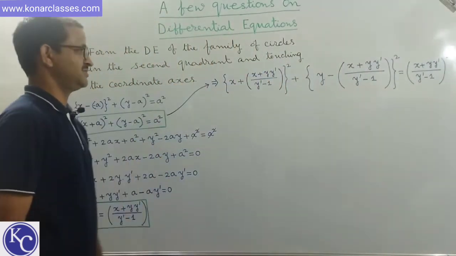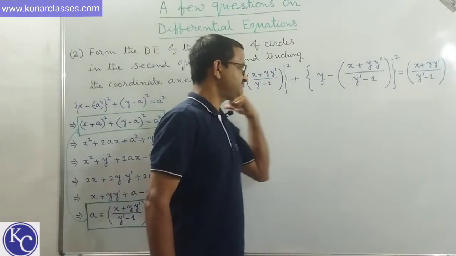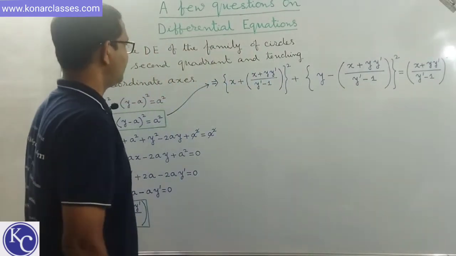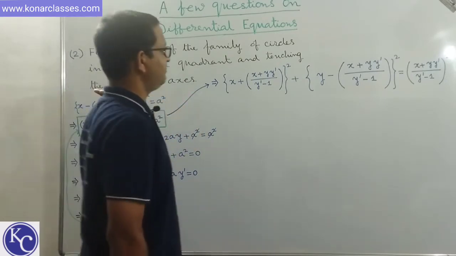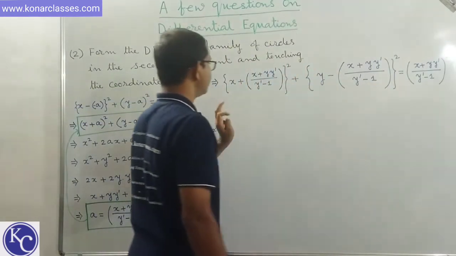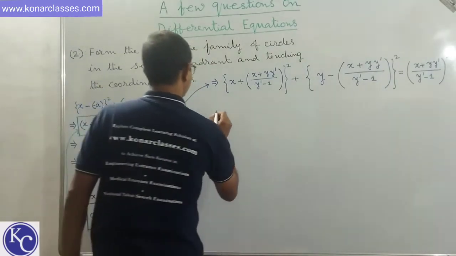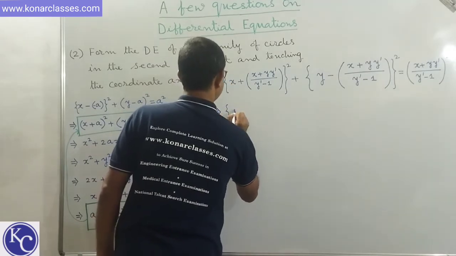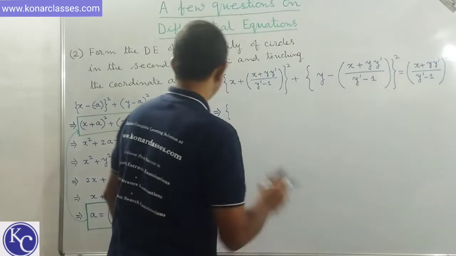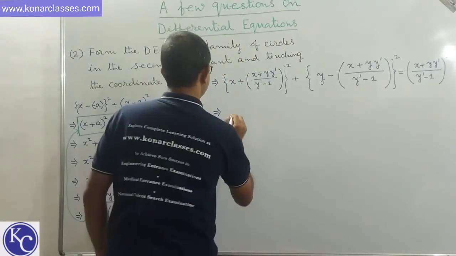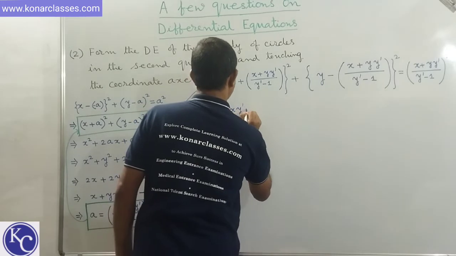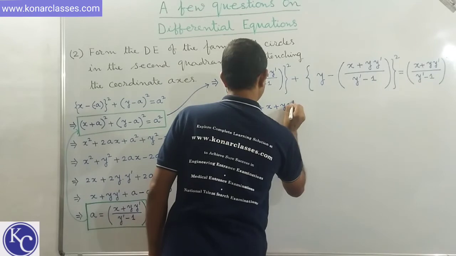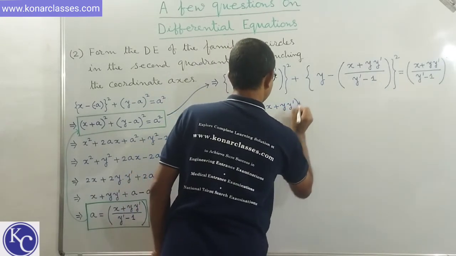We got the differential equation, but that is not in a very optimized manner. We need to simplify. For that, we are going to multiply both sides of this equation by (y dash minus 1) whole square. Then this implies we are going to get x into y dash minus x plus y into y dash, this complete whole square.